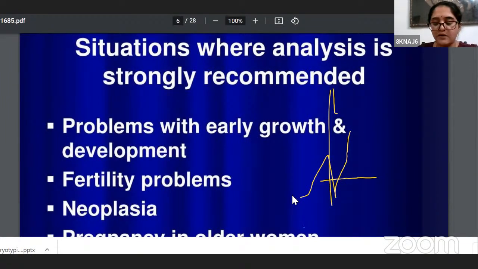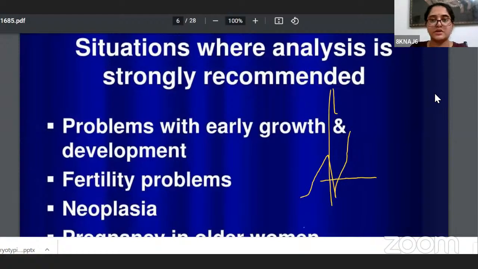To understand all of this, we'll have to know the basics of chromosome structure, so let us have a look at it.